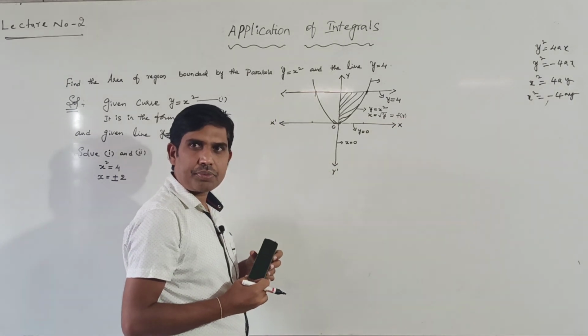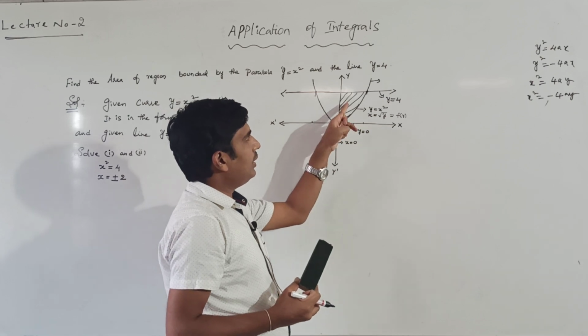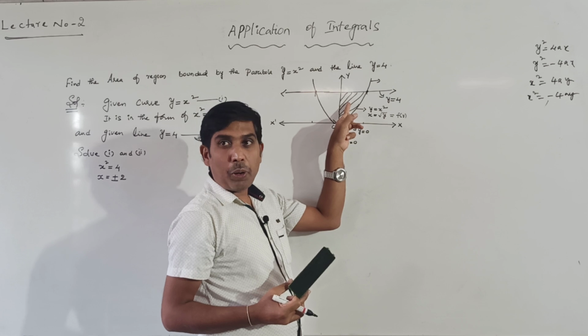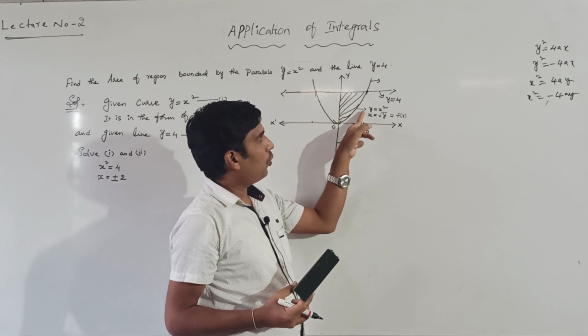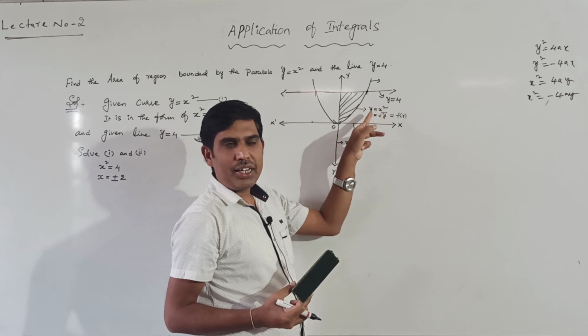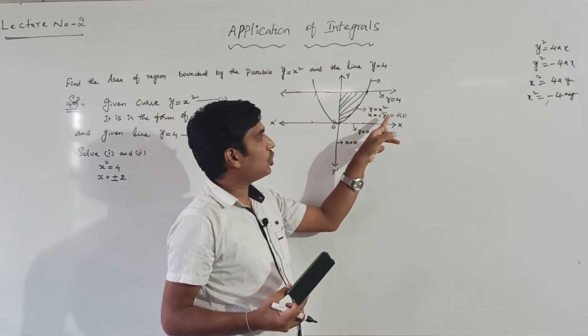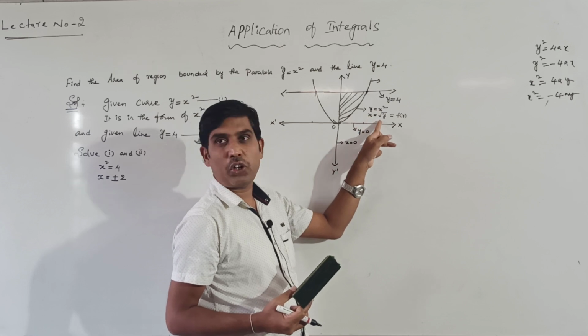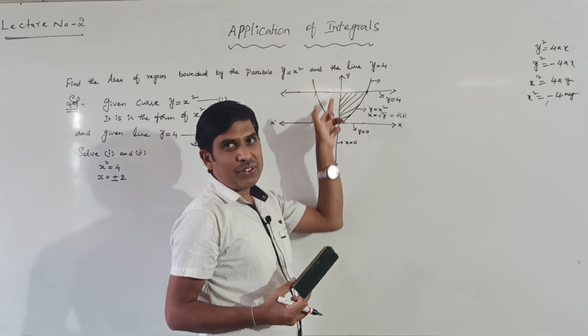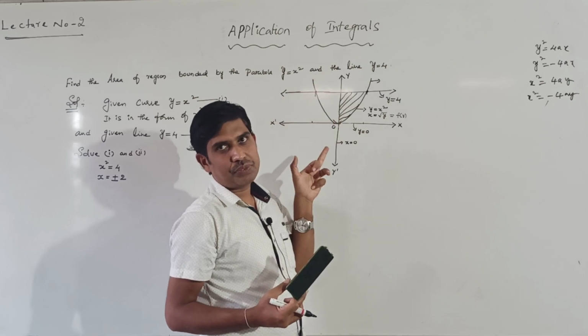Understood? Now this area we have to find out. This area is bounded by the curve. What is the given curve equation? y is equal to x square. It is written in the form of x is equal to f of y. So x is equal to root y. This area is bounded with the y-axis.